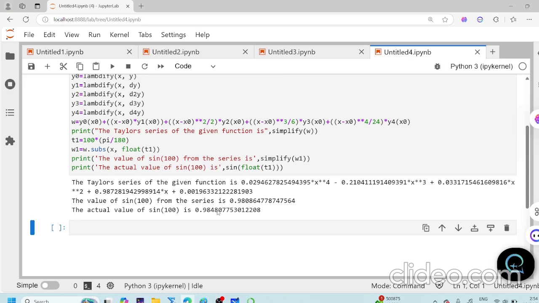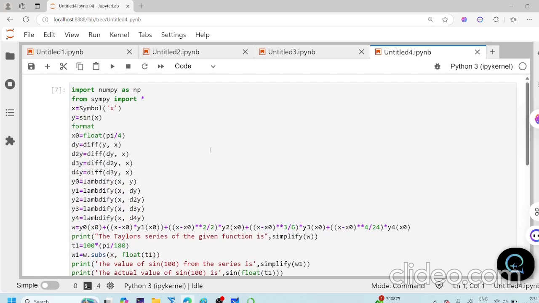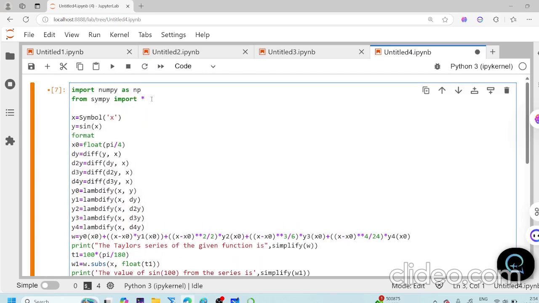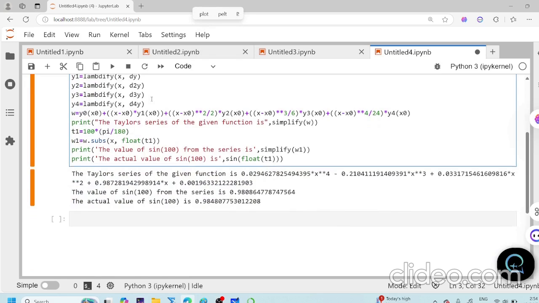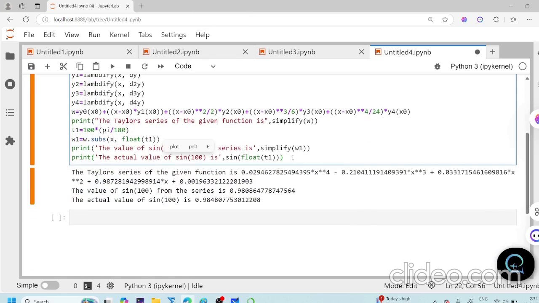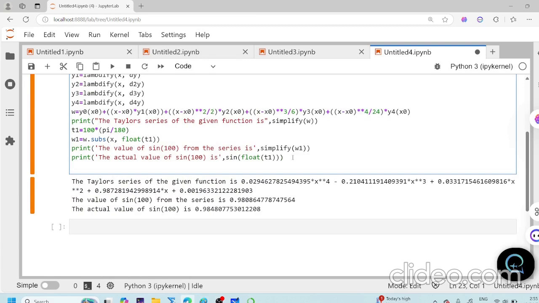Next, there is one more part. If you wish to plot the graph of the function, then these are the commands you have to write. First, import the library required: import matplotlib.pyplot as plt. This we have practiced even in experiment 1. In the next lines, we write the Python code to plot the graph of the actual function and the series.